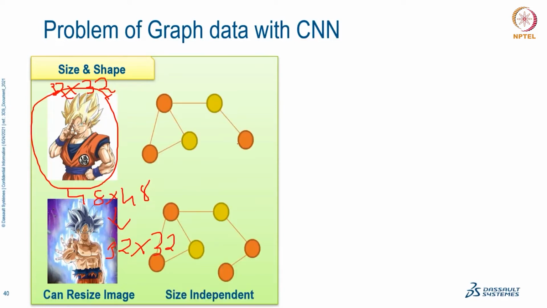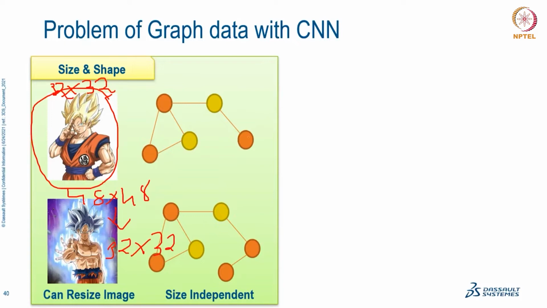But the same is not true for graphs. Graphs can be of variable size that cannot be fixed. For example, one graph can have 5 nodes, but another can have 6 nodes. So we cannot provide an input with 6 nodes to a CNN which was trained on 5 nodes.